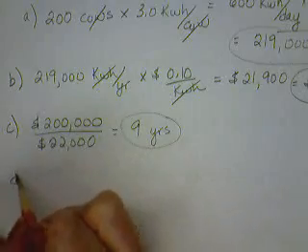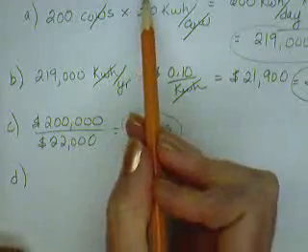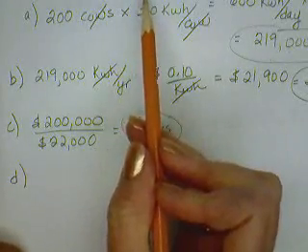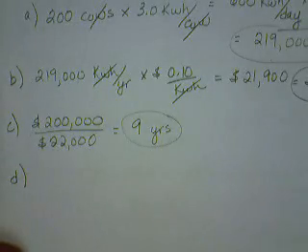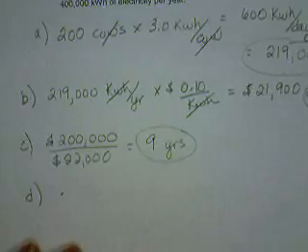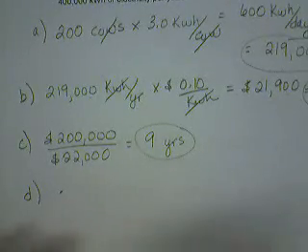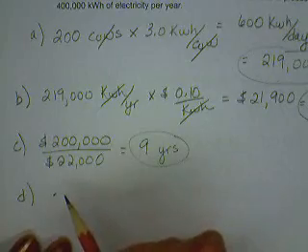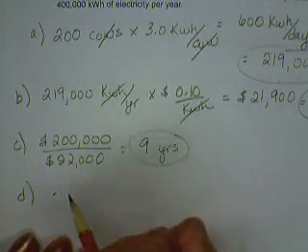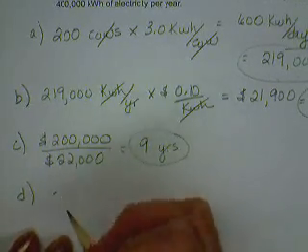Letter D. Calculate the minimum number of cows the farm would need to produce 400,000 kilowatt-hours of electricity per year.